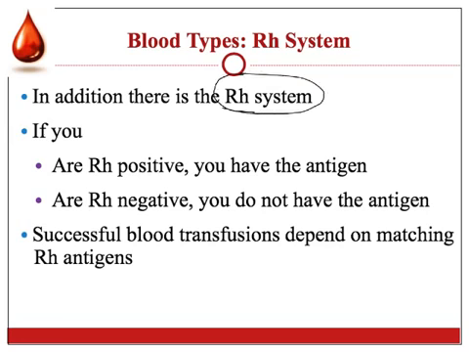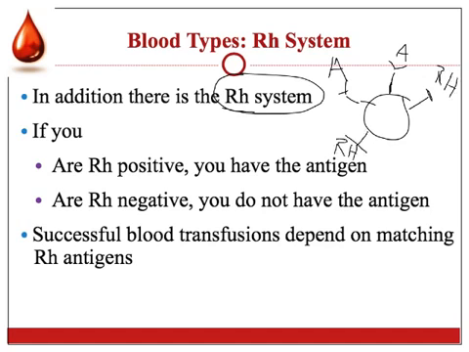So maybe I have A-type blood, so I'm going to draw my little A antigens again, I'm sorry, I misspoke there. Here's my A antigens. If I'm A positive, I'm also going to have the Rh factor. So if you're positive, you have the antigen, you have the Rh factor. And if you're Rh negative, you don't have it.